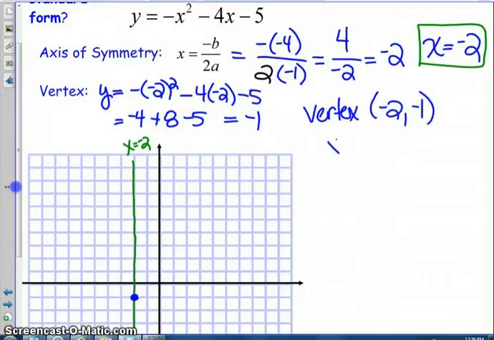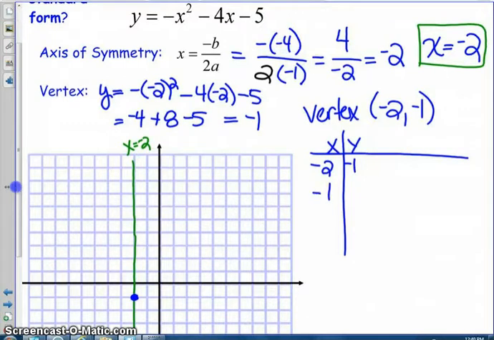The next step is to say to yourself, okay, I know I have a point, negative 2, negative 1, that's on my parabola. Let's see what happens to that curve as it curves around the parabola. So I also want to look at 2 points to the right, negative 1 and 0. I kind of want to do my work over here. So I said, okay, at negative 1, I want to know what is y.